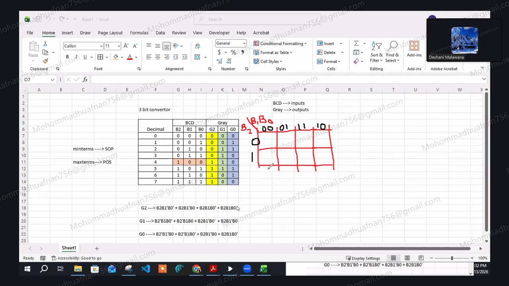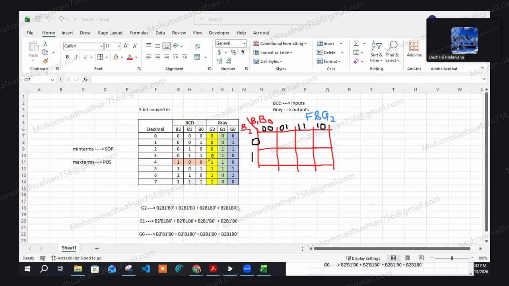So here 0 and 1. Now, this is going to be our G2. Through this K-map, we are getting the output equation for G2.